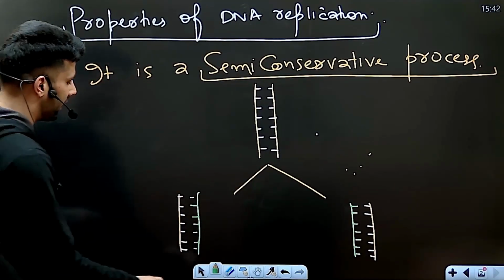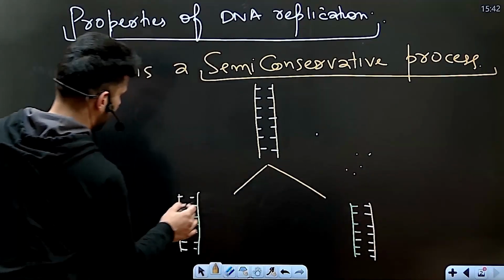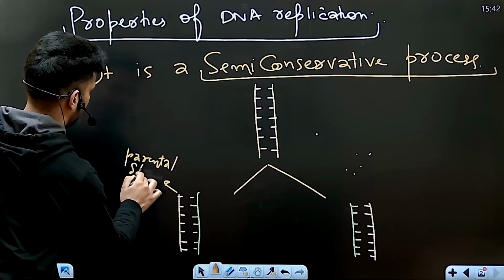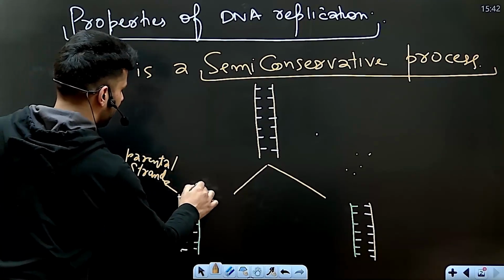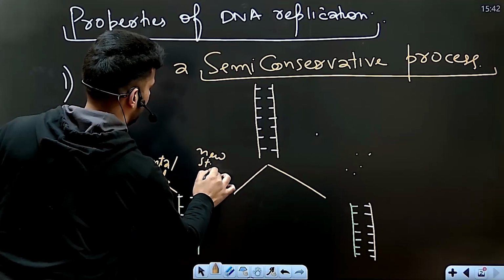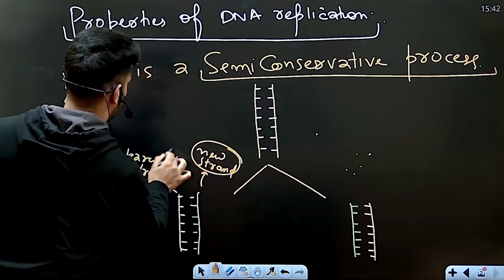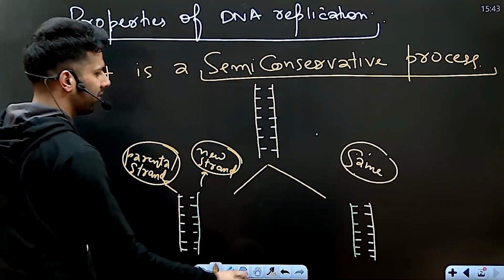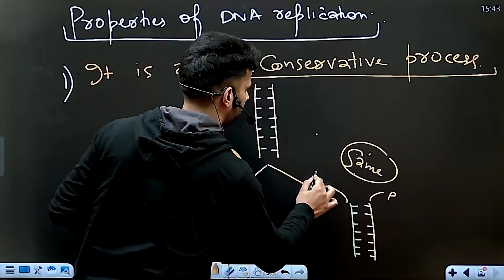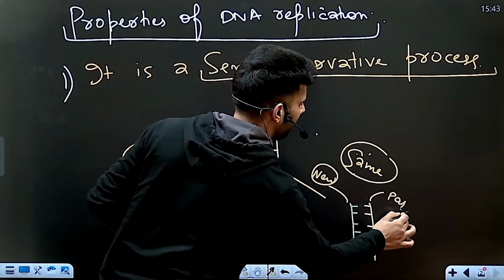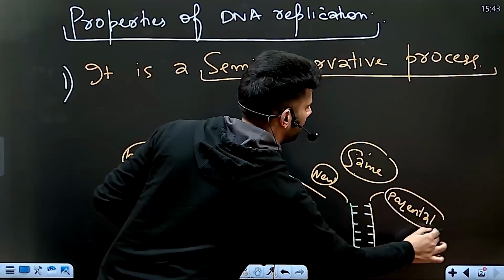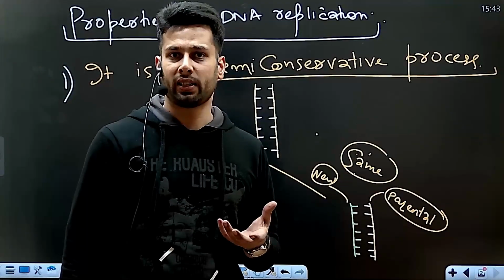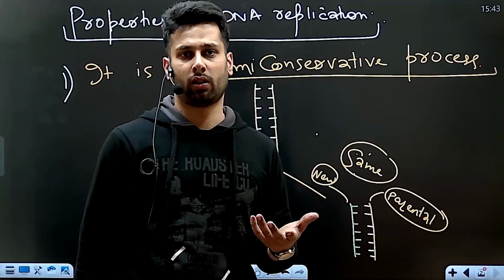If you look at the new DNA, what do you observe? In this new DNA, this one is the parental strand and this one is the new strand. Likewise, the same is true for this strand: there is one parental strand and one new strand.